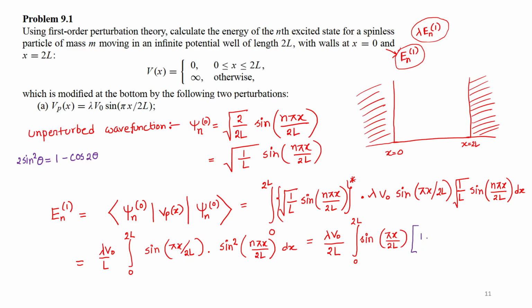So it will become 1 minus cos 2n pi x by 2L, which I can actually cut the L, but certainly I will not, because you can understand why I'm not going to do that in the next step.